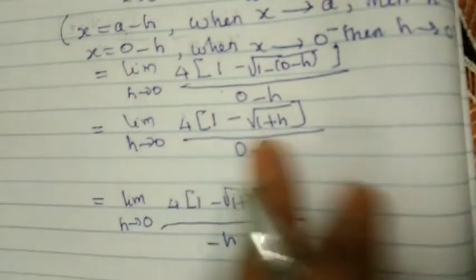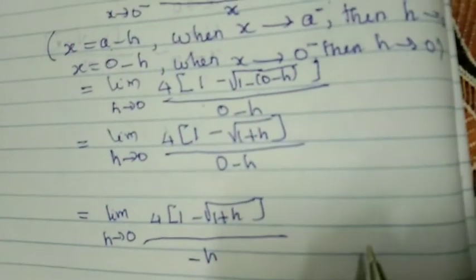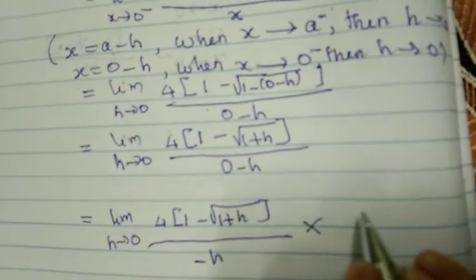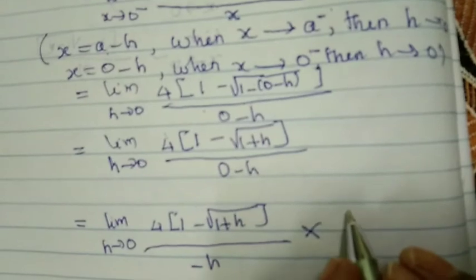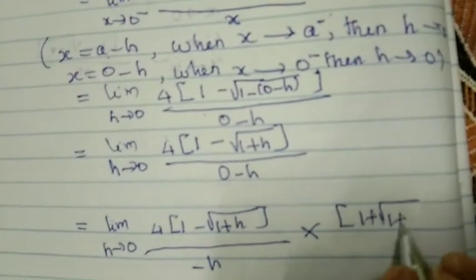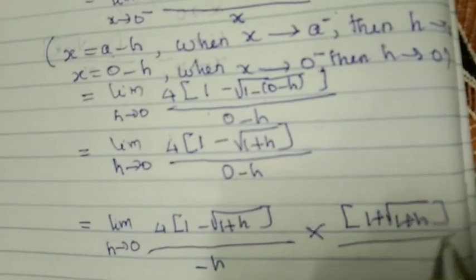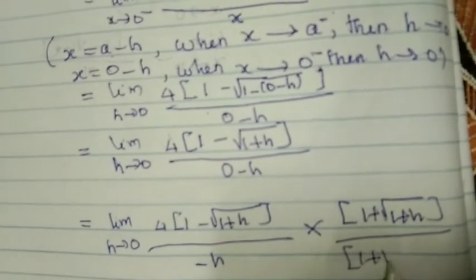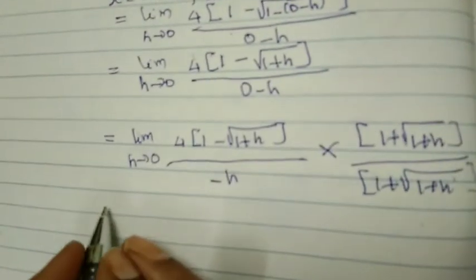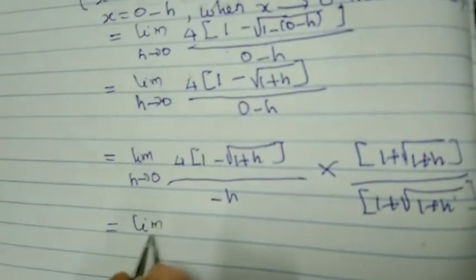This term is not simplified, so once again I want to simplify it. I am taking the conjugate for the numerator term, that is 1 plus root of 1 plus h by 1 plus root of 1 plus h.